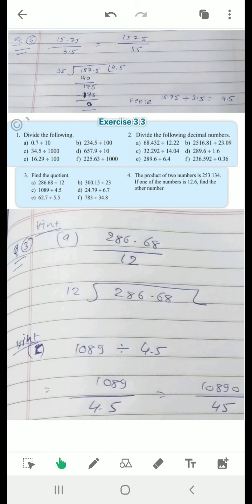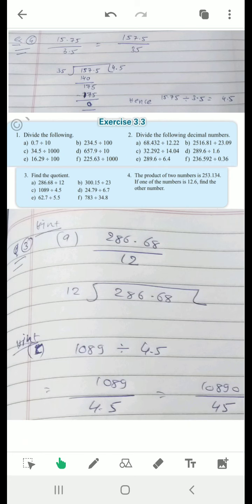In the fractions chapter, in the last year also, whenever you did any chapter of decimals, fractions or integers, you got this kind of question. Every time the pattern of the question remains the same. Many times I told you, the pattern of the question will not change.